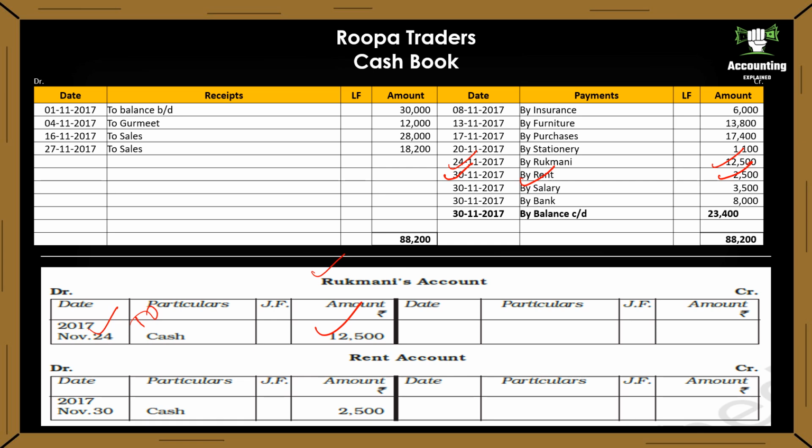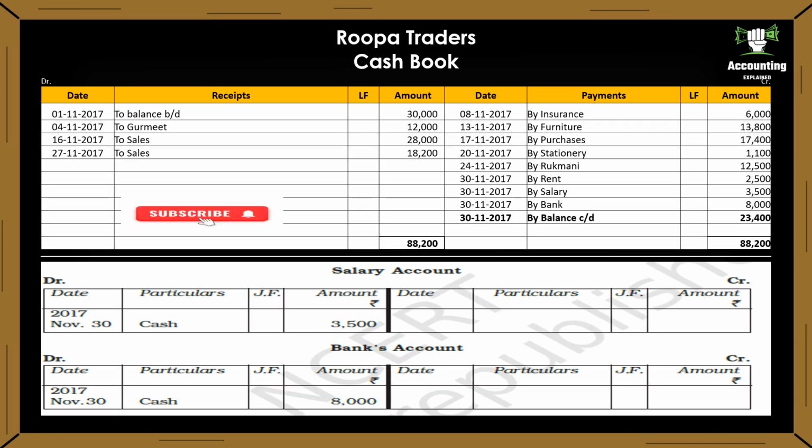So on the left side of the rent account which we have opened now, 30/11/2017, to cash, 2,500. On 30/11/2017, it is by salary, 3,500. Now we open a salary account. Here by salary, so we write on 30/11/2017 in the salary account, to cash, 3,500.